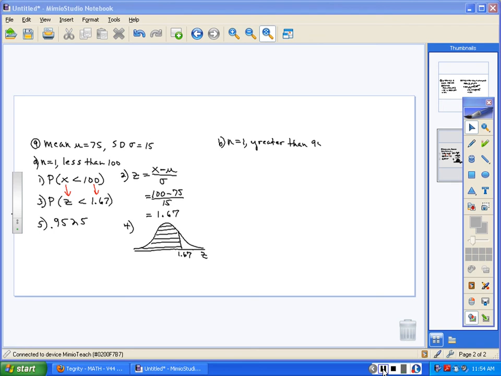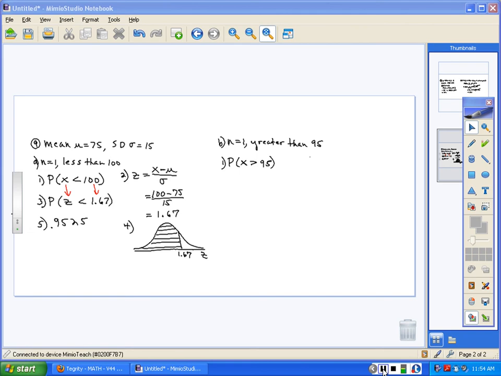Okay, step 1 is to put the question into probability notation. So capital P parentheses x is greater than 95.